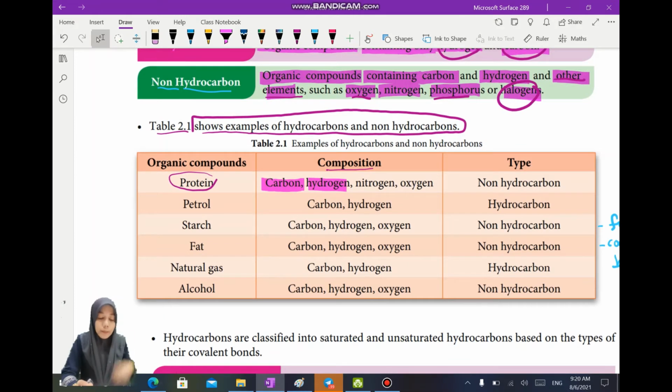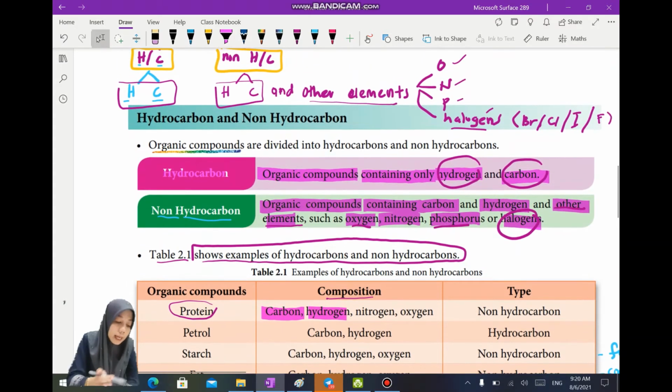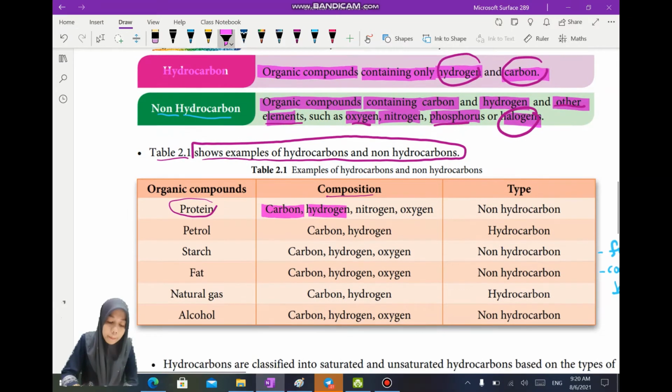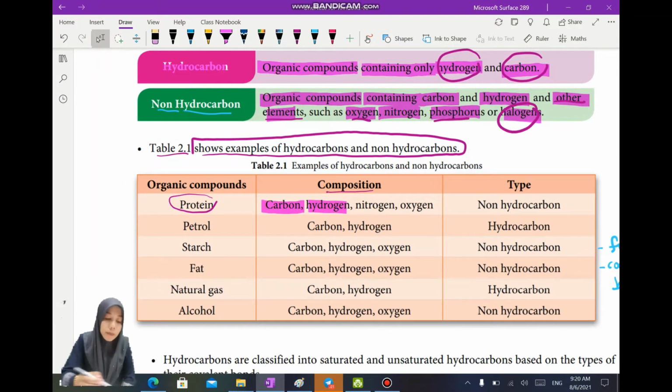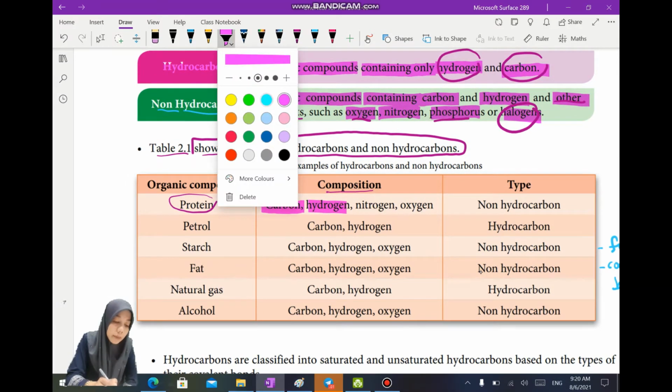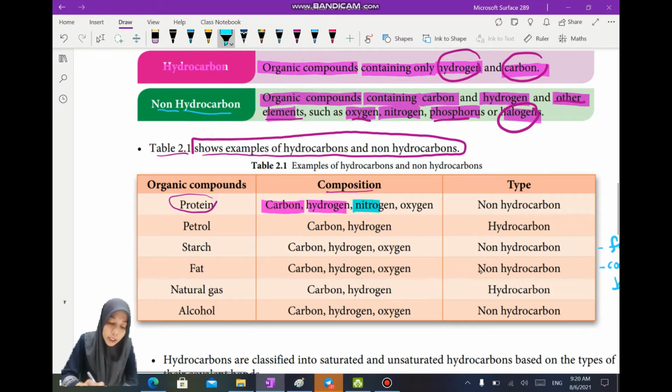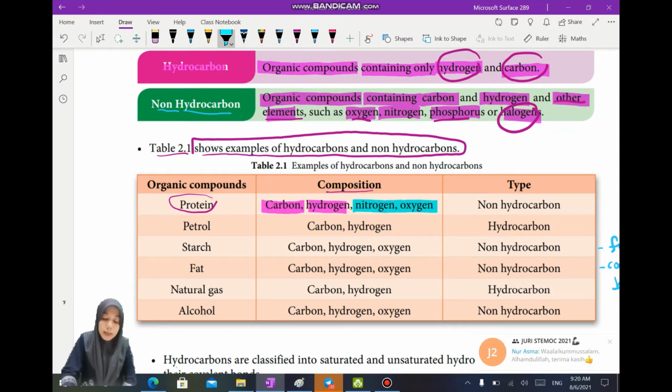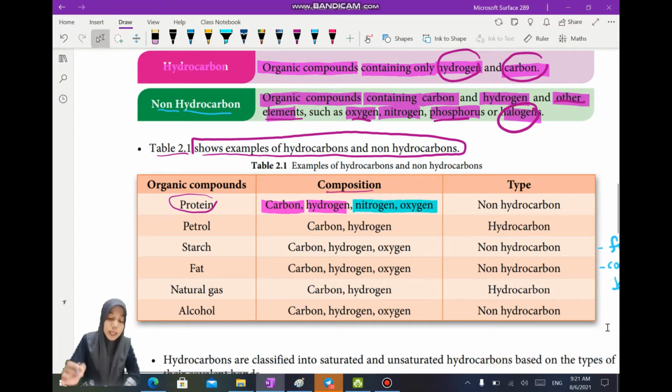Okay, and then, carbon and hydrogen, that means it's which, hydrocarbon or non-hydrocarbon? Carbon, hydrogen, but it has other elements such as nitrogen and oxygen. So that means it's non-hydrocarbon.